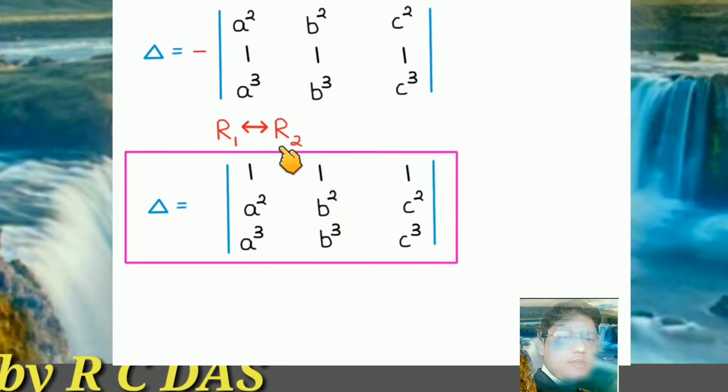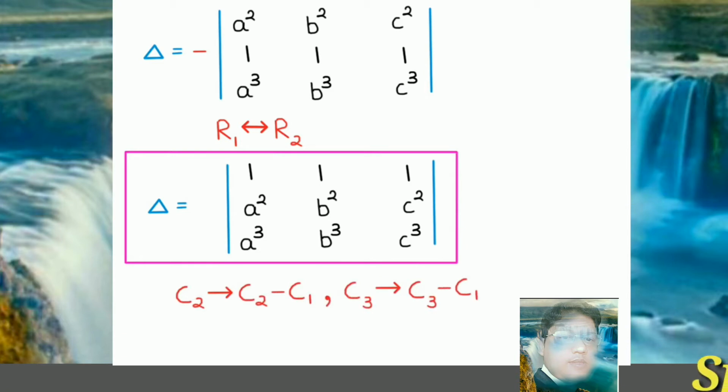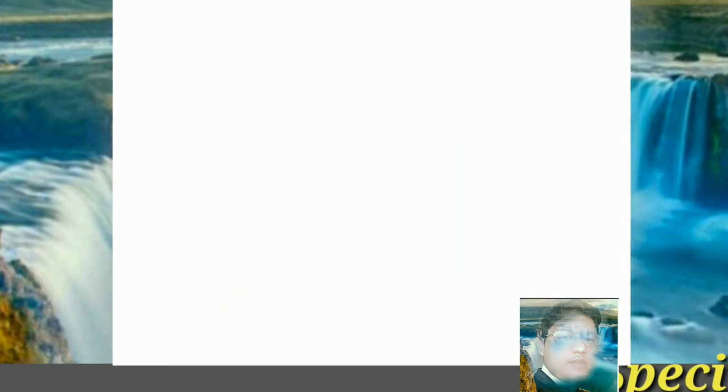You can apply the operations on C1, C2 or C3, any of them. If I operate C2 minus C1 and C3 minus C1, then I will get, my dear students, like this.